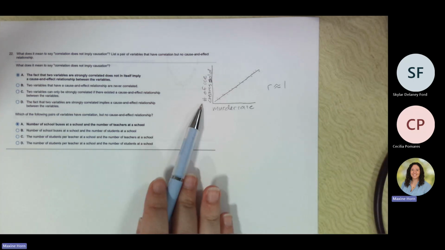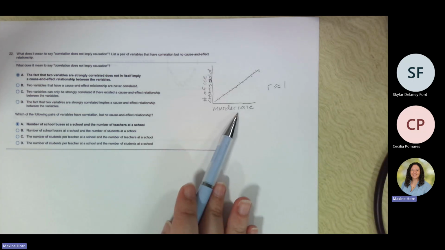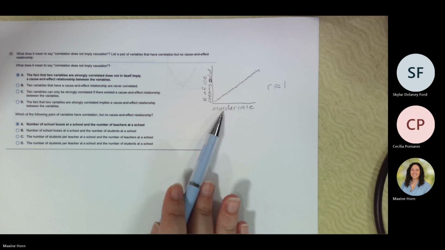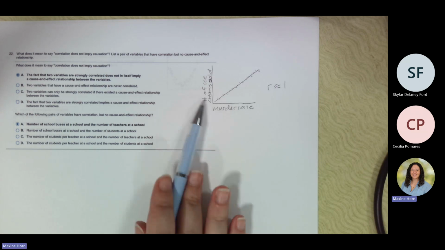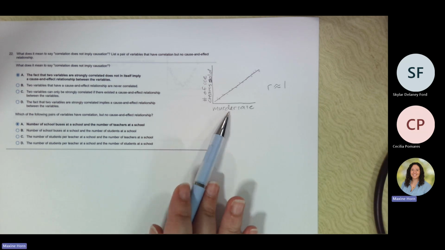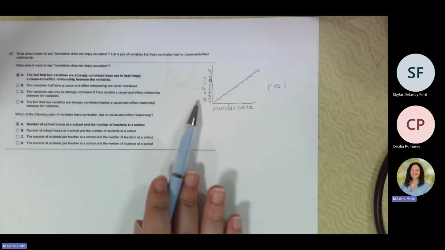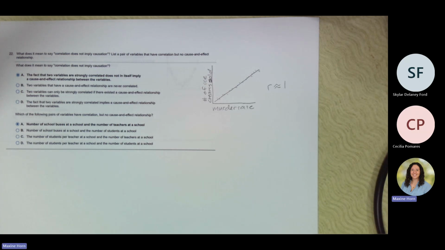The amount of ice cream people are buying is not causing people to murder more. People murdering more is not causing people to buy more ice cream. Those two things are absolutely correlated, but neither of them causes the other, right? There is another, I forget the name of the other factor.